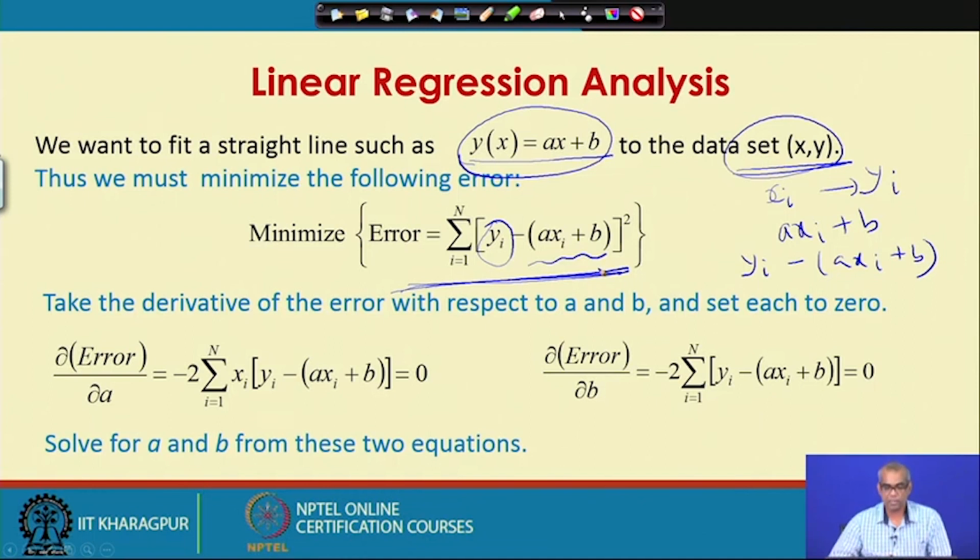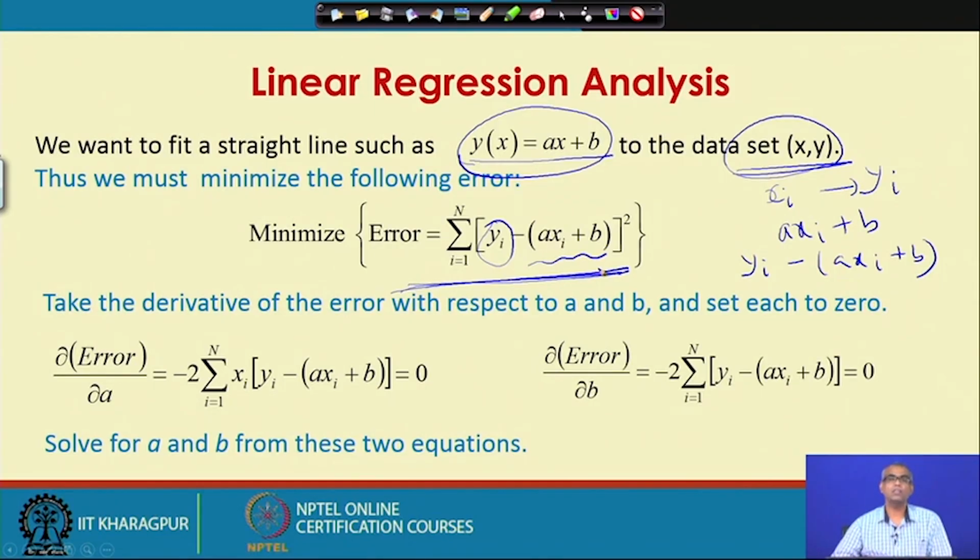So, given a data set, I want to fit a straight line such as y equal to Ax plus b. So, I define the error, which is y i minus (A x i plus b), and sum all the squared errors.